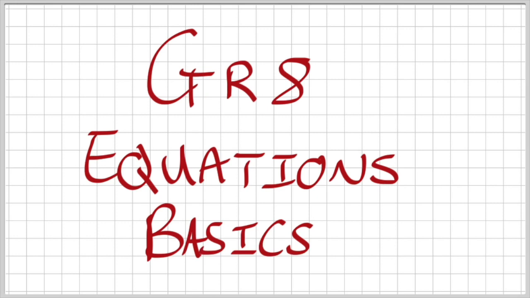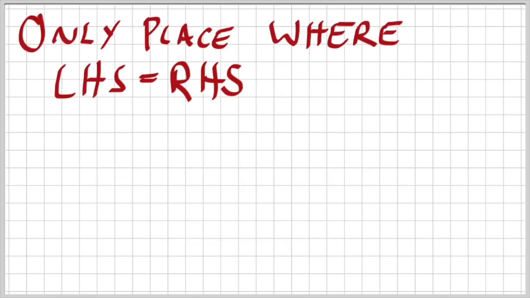So when we talk about equations, ladies and gentlemen, understand that this is what makes maths the most important and amazing and weird place in the world, because it is the only place in life where a left-hand side is equal to a right-hand side, where two things are exactly equal. Think about that. Two things being exactly equal. There's no other place in this world where that happens.